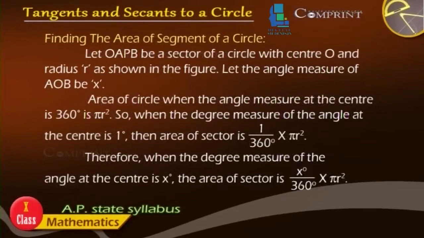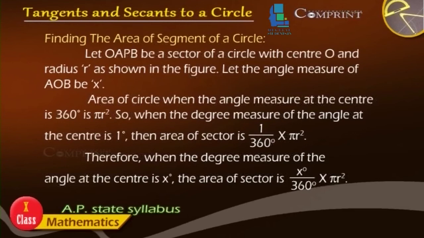Let OAPB be a sector of the circle with center O and radius r as shown in the figure. Let the angle measure of AOB be x. Area of the circle, when the angle measure at the center is 360 degrees, is pi r square.